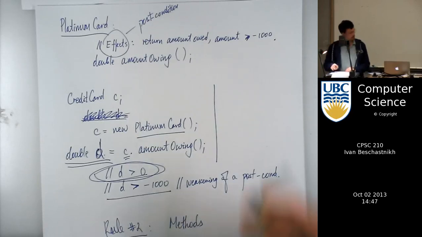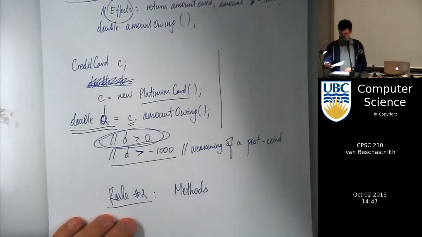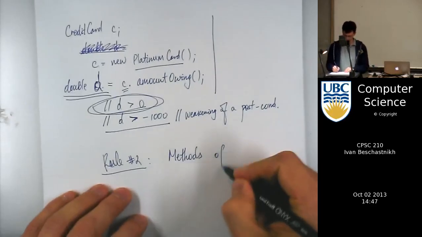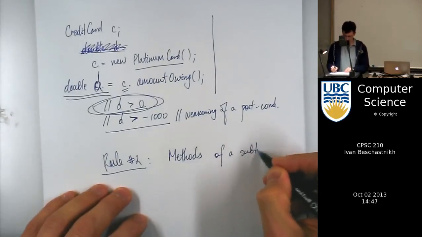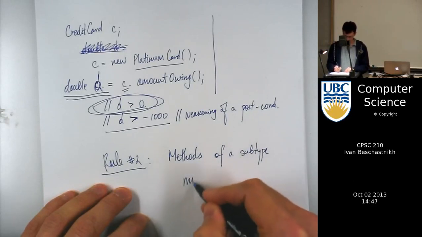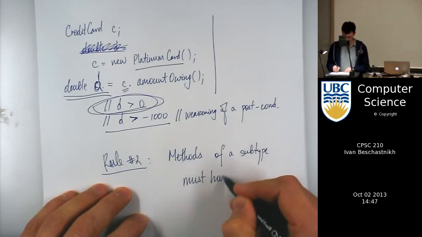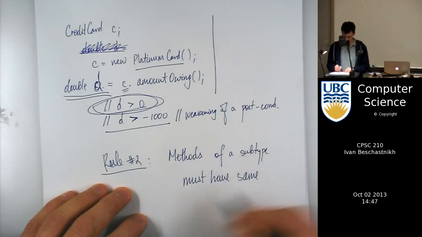It says that methods of a subtype must have the same or stronger postcondition.